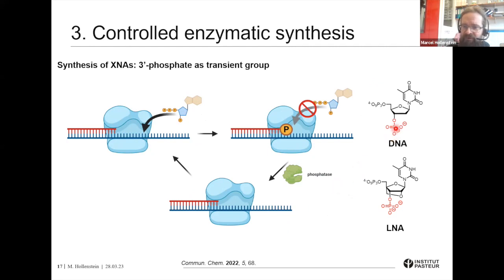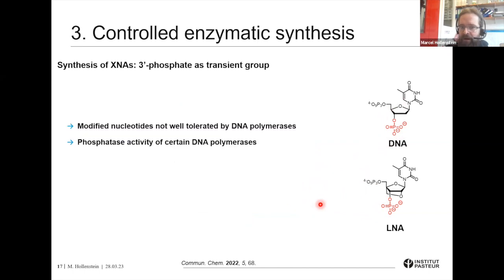So we first focused on phosphate groups because these can easily be removed by phosphatases, for instance, under very mild conditions. So we synthesized the DNA and LNA nucleotide triphosphates equipped with a 3' phosphate group and investigated their properties. Now, these nucleotides are not very good substrates for DNA polymerases, which is not particularly surprising due to the additional negative charges at the 3' end of the nucleotides, but this is not the major issue.